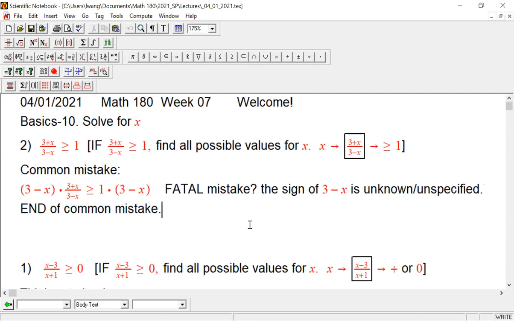So that's even more alarming. So you guys have to equip yourself with the knowledge to identify the mistakes, even from your TAs, or maybe from your future professors. Okay, this is not a small matter.